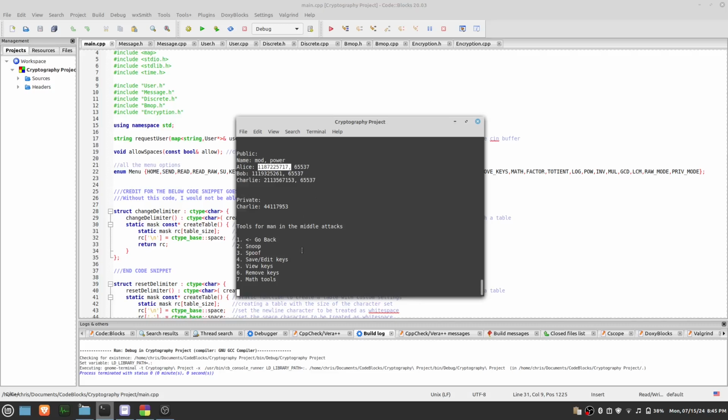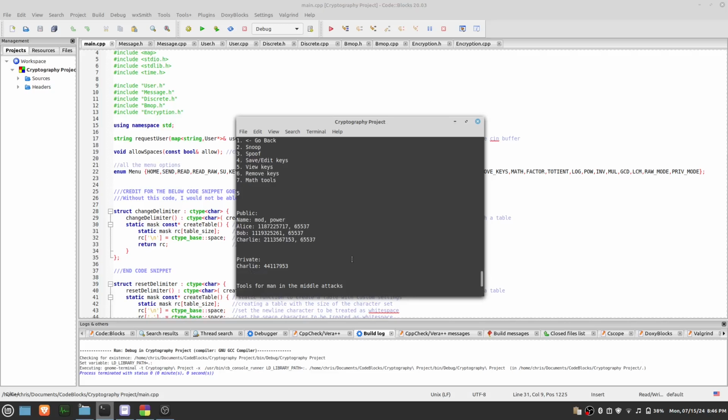So let's use some math tools to figure this out. It shows the public keys, but it also shows Charlie's private key, because of course Charlie knows his private key. It's literally saved to his device. It's not available to anyone online, but it's available to Charlie offline.